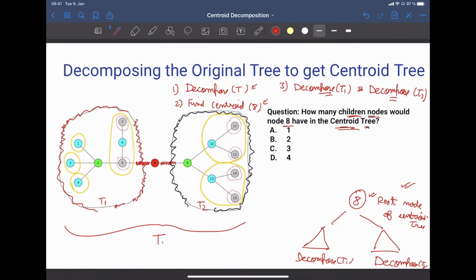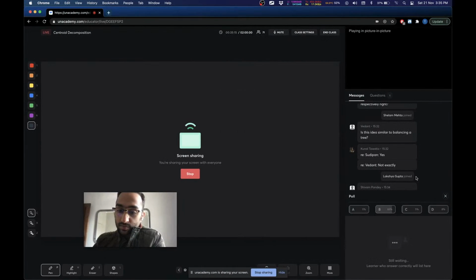Then it removes the edges and calls decompose on the smaller subtrees which are formed, in this case T1 and T2. We attach the trees returned by these recursive calls on node 8, decompose T1 subtree and decompose T2 subtree. So what would be the answer to this question?